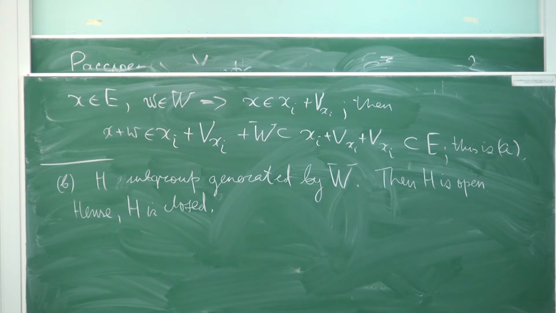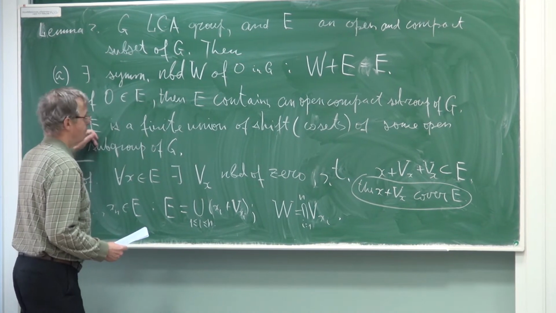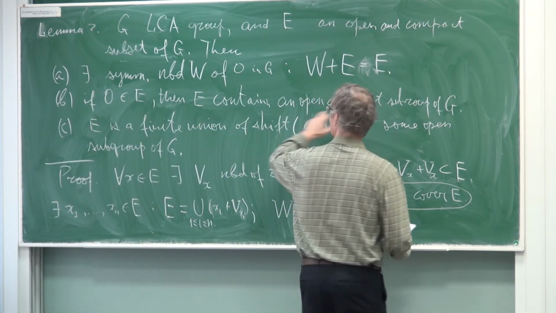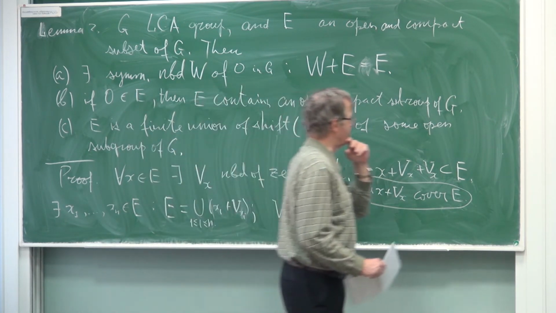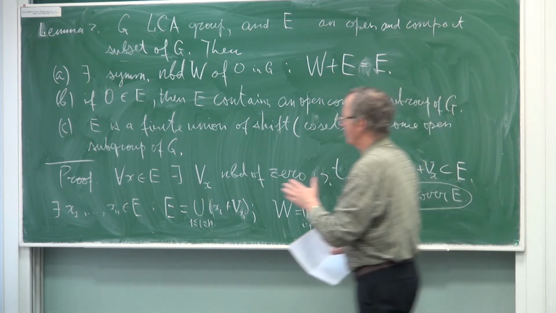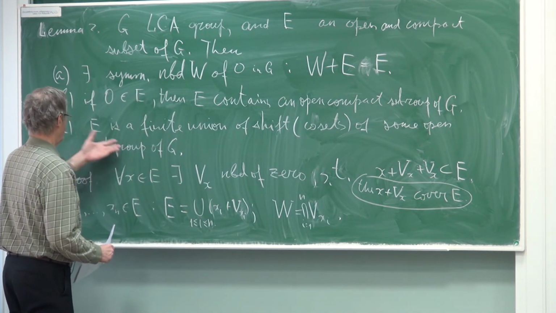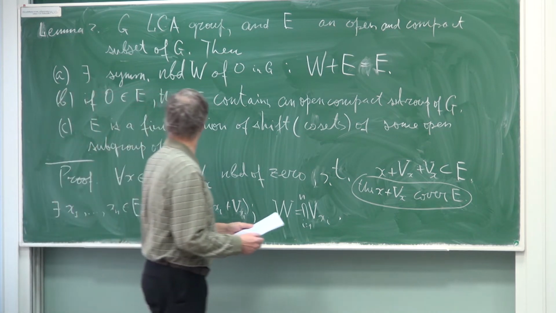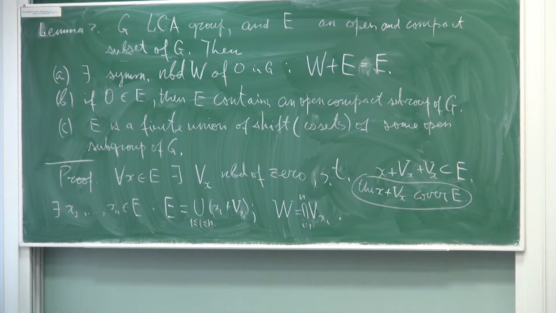And as to C, this is also clear, because if 0 is not an element of E, then surely this subgroup will not be included in E, but in any case E will be a union of cosets of this subgroup, and the union is finite because all of them are closed, and E is compact.